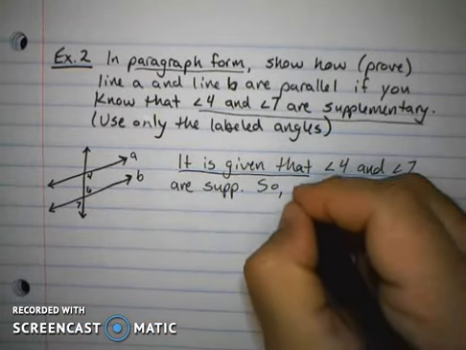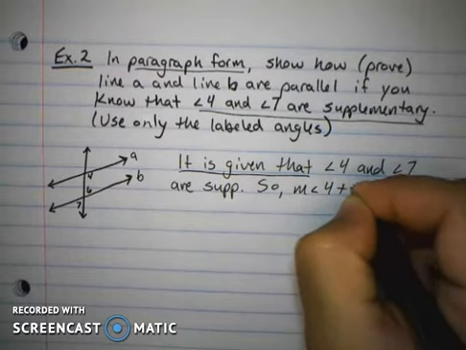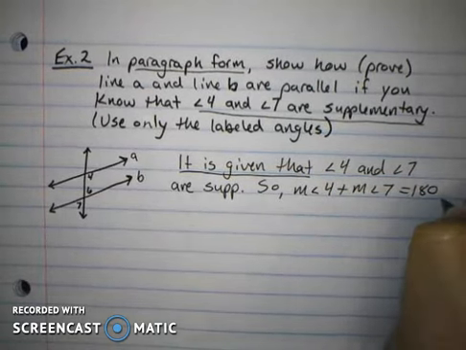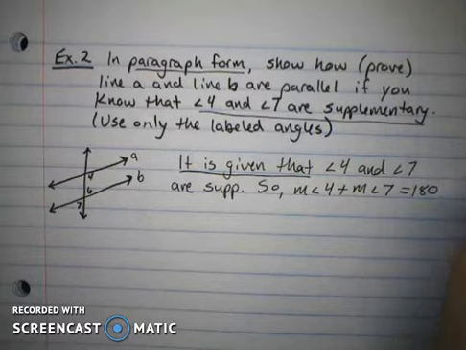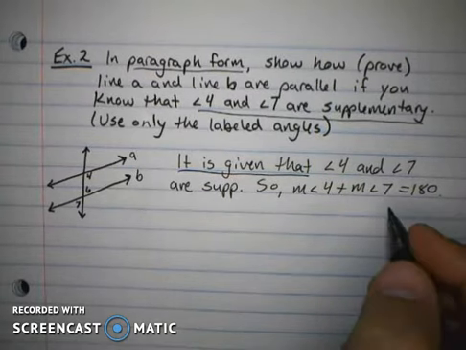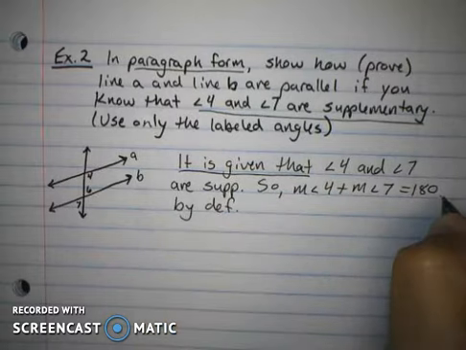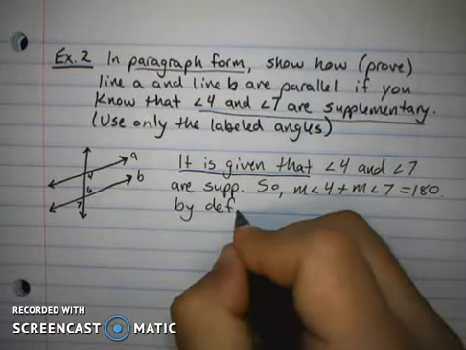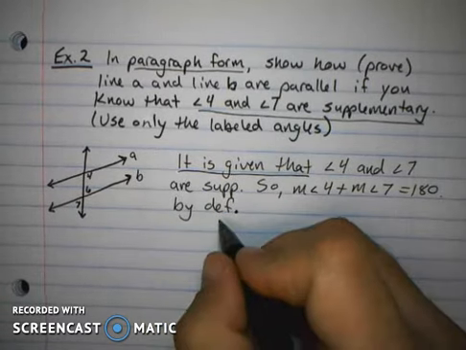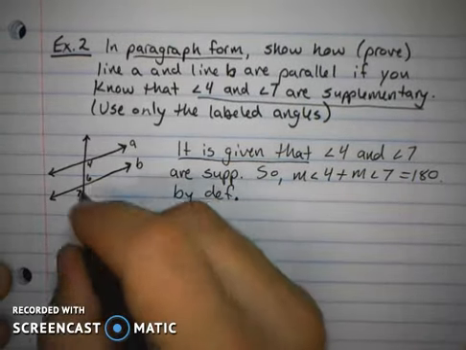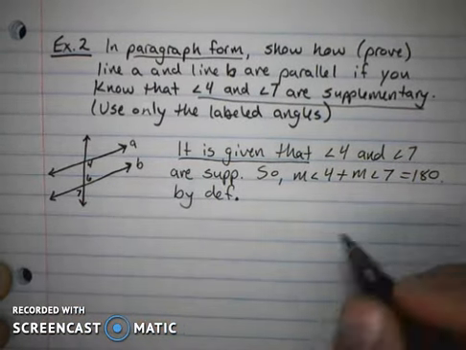so the measure of angle 4 plus the measure of angle 7 equals 180 degrees. Okay, that's coming from the meaning of the word supplementary. So we can say by definition. Okay, so we write that, and then we finish our sentence, by definition. And then we want to talk about angles 6 and 7 being equal measures.